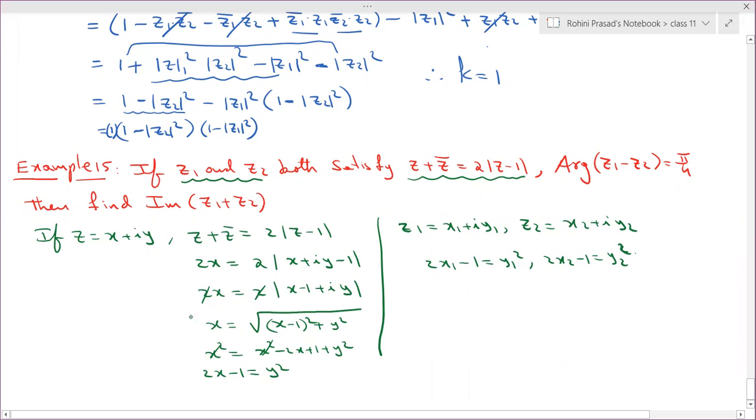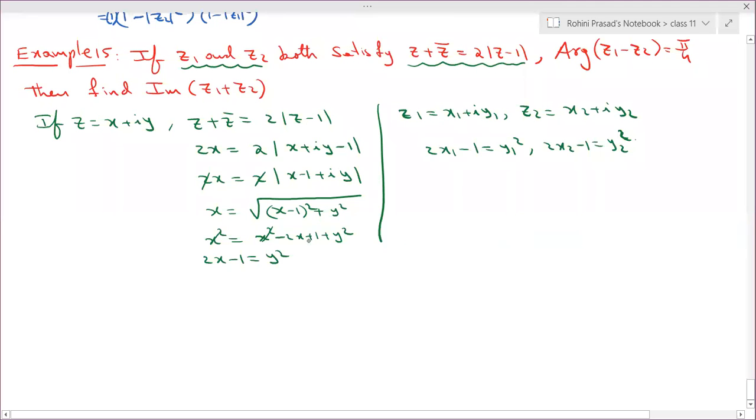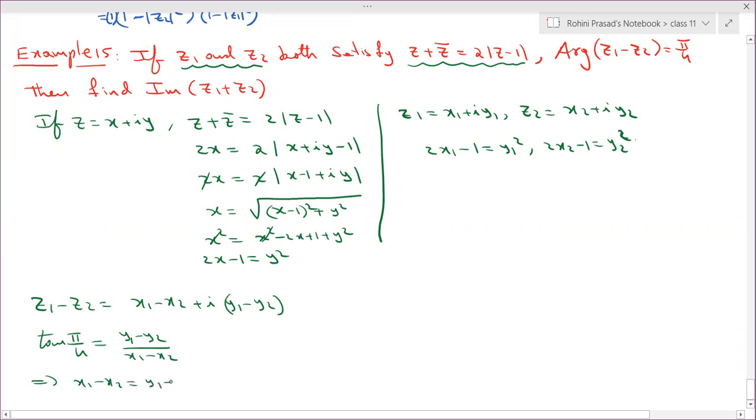So let us focus on the other information also. z1 minus z2 equal to x1 minus x2 plus i into y1 minus y2. Because the argument of z1 minus z2 is pi by 4, the tangent of the argument, tan pi by 4, equals y by x, y1 minus y2 by x1 minus x2. That implies, as tan pi by 4 is 1, x1 minus x2 equal to y1 minus y2.